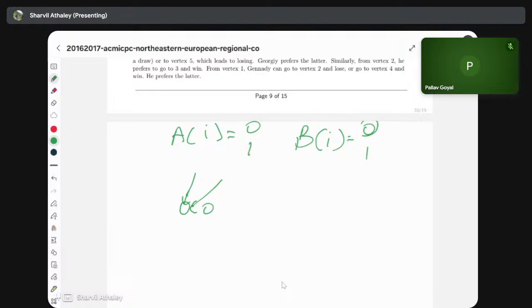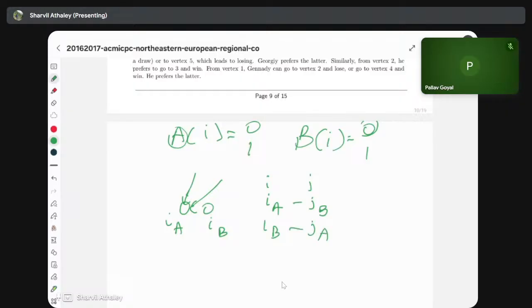So considering all the edges, let's say we create a copy of each node, which represents the node if the game is starting with respect to A. Let's say there is a node i, so it will have iA and iB, two copies of the node, and all the edges from i to j will be from iA to jB and iB to jA.